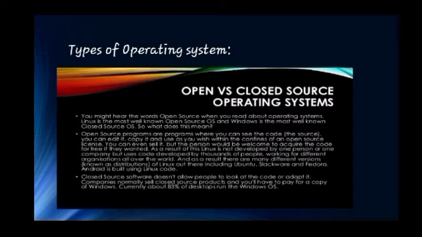Linux is the most common example of open source operating system because we can see the code, read it, copy it, and send it to anyone. And on the other side, Windows is the example of closed source operating system because we cannot look at the code or adapt it. Companies normally sell closed source products.